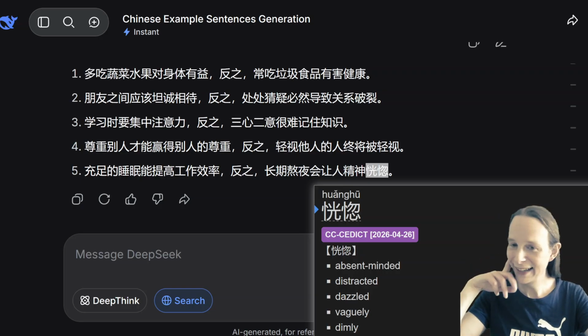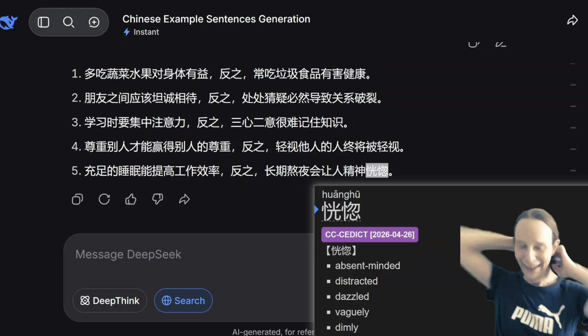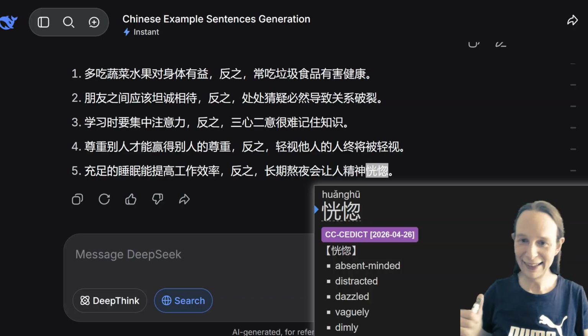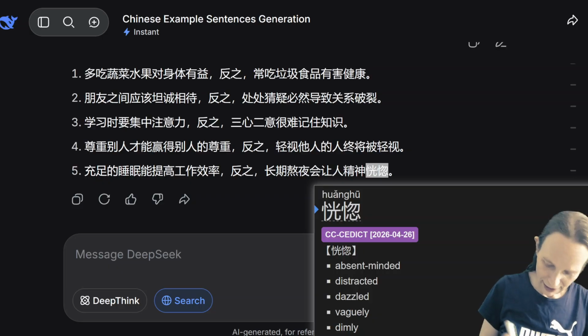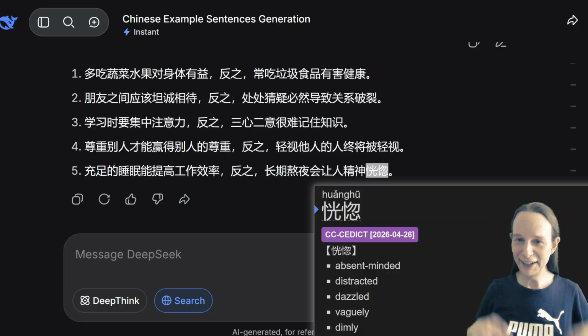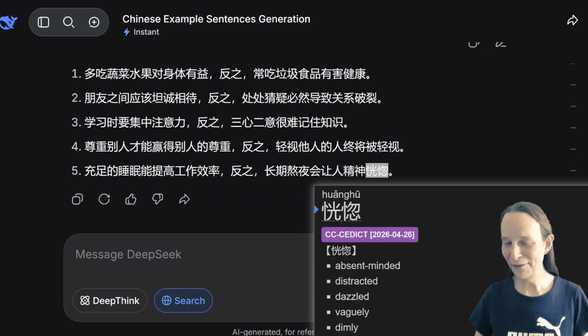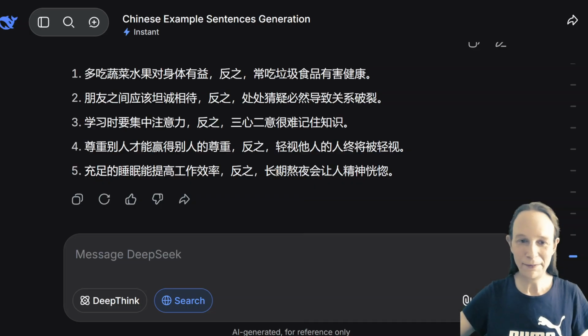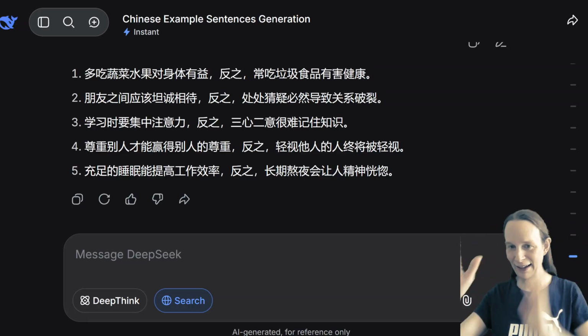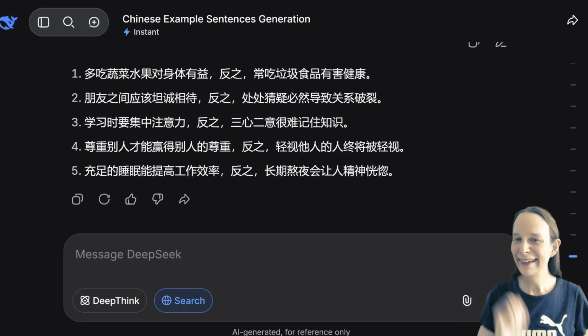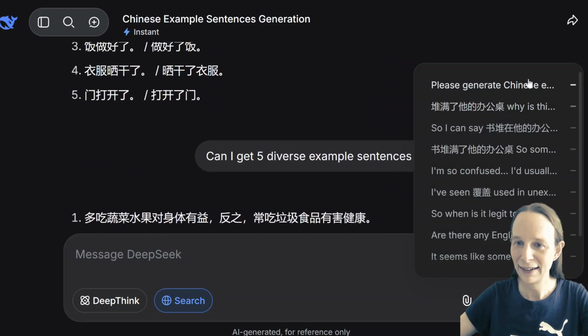Because when I did HSK 6, I did it as the 2.0 version, not the 3.0 version. It's been upgraded, or at least the vocabulary has been shuffled around a bit. All right, but all of these example sentences were statement, converse, and all of them have that.